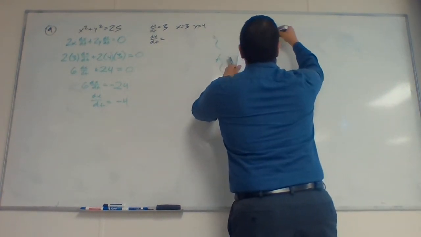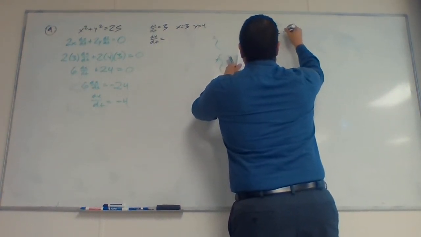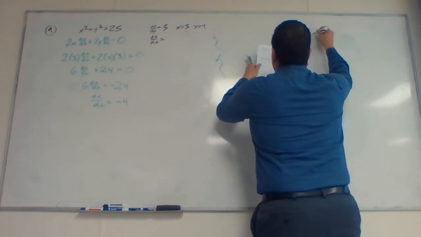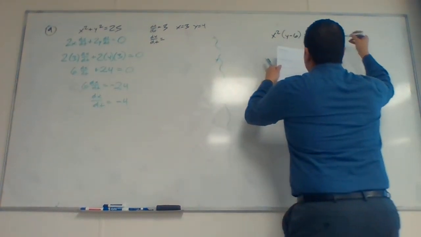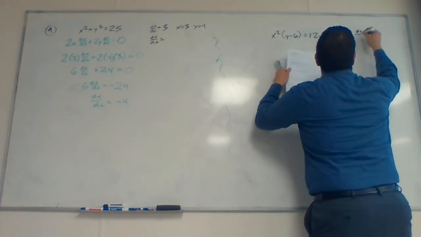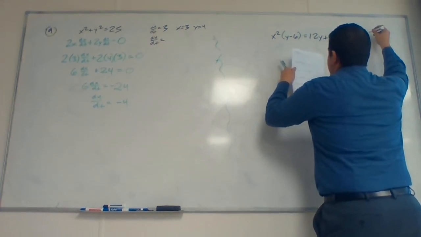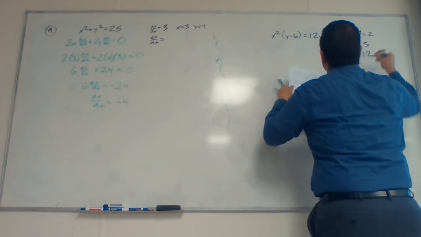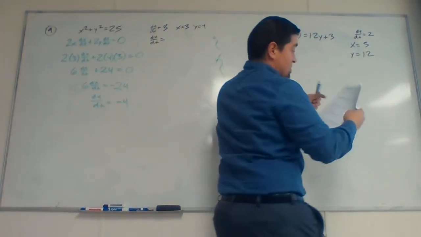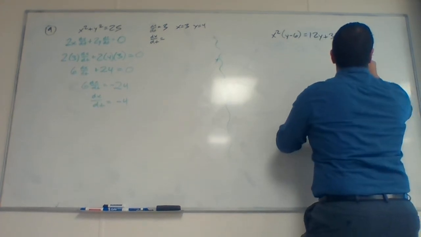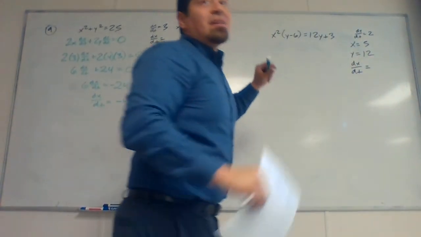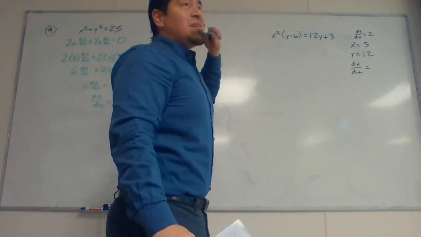Okay, so let's try the next one. So x squared y minus 6 equals 12y plus 3. It's very similar. This one tells you dy/dt equals 2, y equals 12. Okay, so because they're asking for, again, dx/dt, the only way we're going to get dx/dt is to do what? To take the derivative with respect to t.